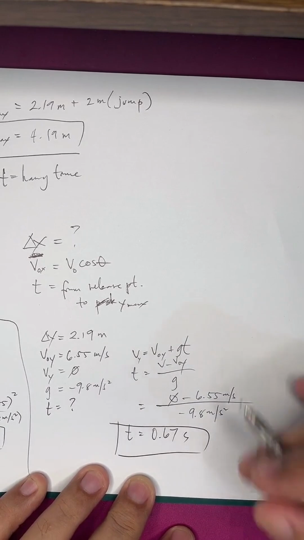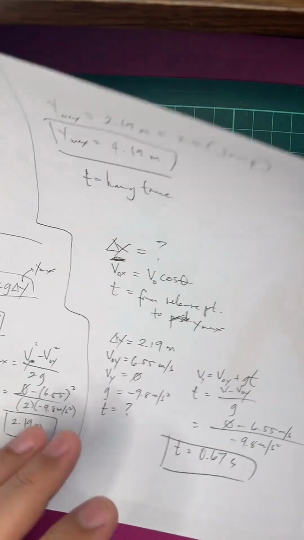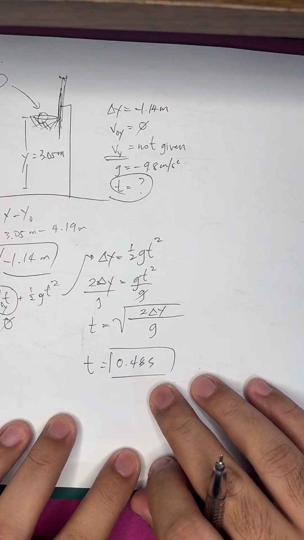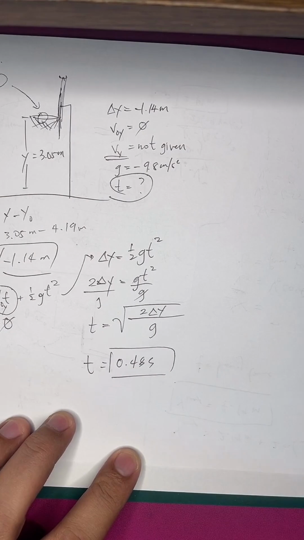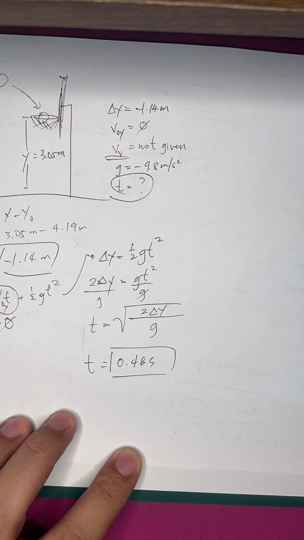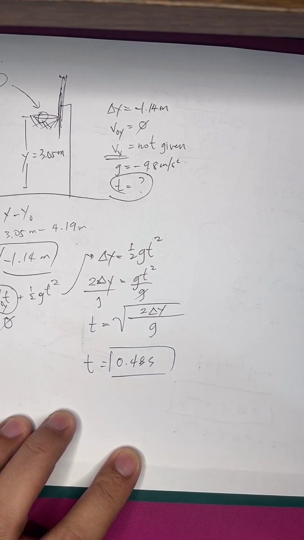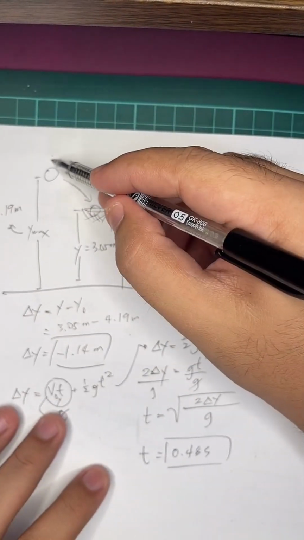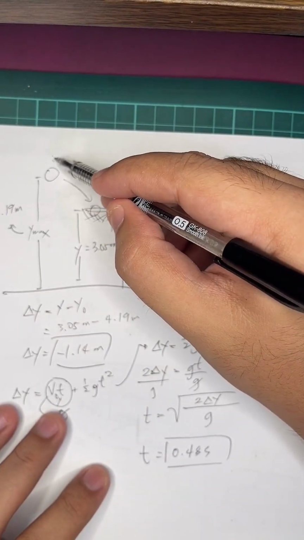We add it with the one that we have just calculated here. Because it will be describing the time when the ball was released from that 2-meter point up to reaching the peak height, and then from the peak height going to the rim.